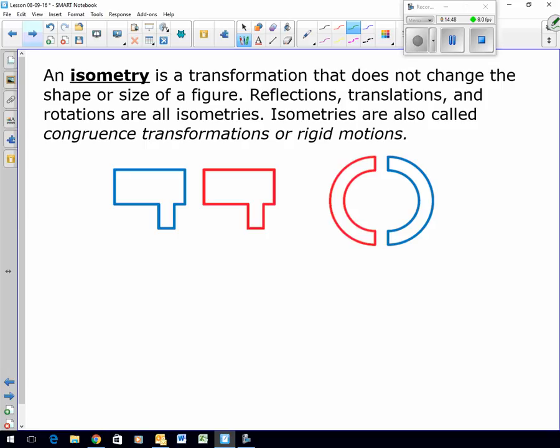Isometries are also called congruence transformations or rigid motion. In your notes, you must include the words of the phrase rigid motion. Because in the standards, the state of Georgia includes the phrase rigid motion.